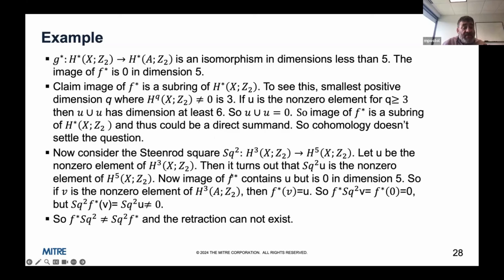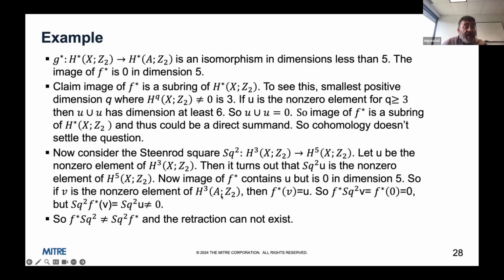But now let's look at Steenrod squares. So the Steenrod square, SQ2 going from H3 to H5, if we take the non-zero element of H3, call that U, SQ2 of U is the non-zero element of H5. Now the image of F star contains U, but is 0 in dimension 5. Remember F star is going from A, and A is 0 in dimension 5, so the image of F star has to be 0 in dimension 5.